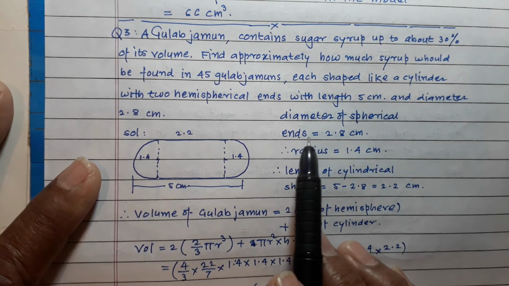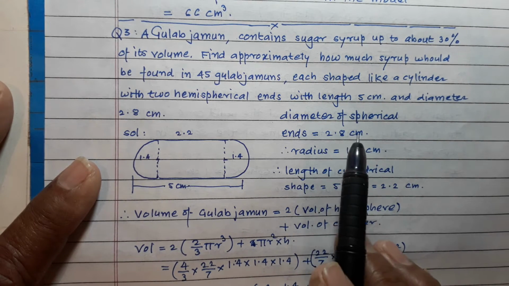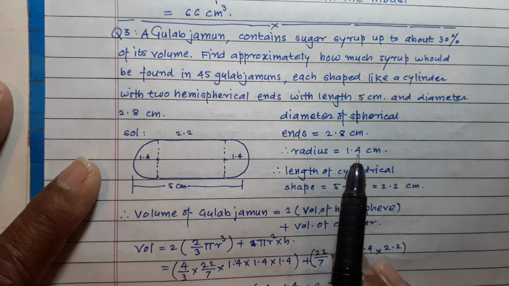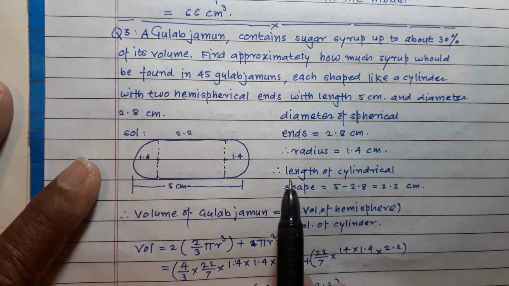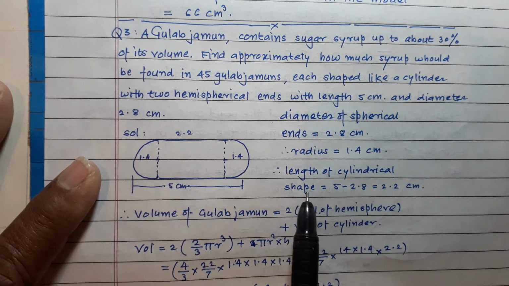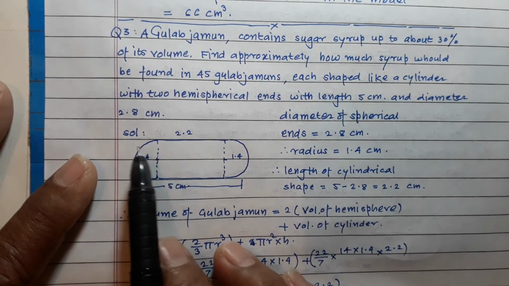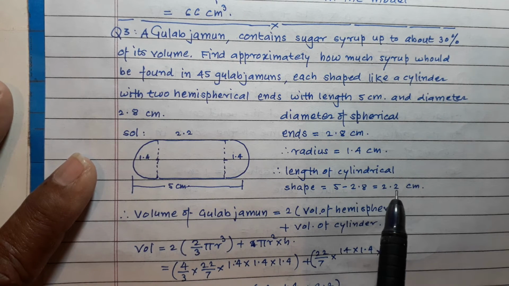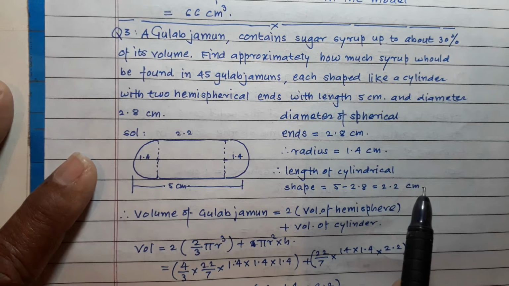The diameter of the spherical ends is equal to 2.8 centimeter, and therefore the radius is equal to 1.4 centimeter, and therefore the length of the cylindrical part is 5 minus 2.8, which is equal to 2.2 centimeter.